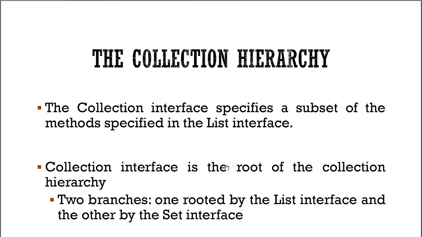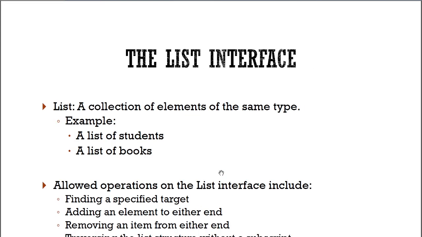No matter about the collection hierarchy, because we are using Java, we use the collection interface to define and present the ADT. The collection interface is the root of the collection hierarchy. For example, the list interface of student. Let's say you are going to develop an application to store and manipulate student records, or to store book records.